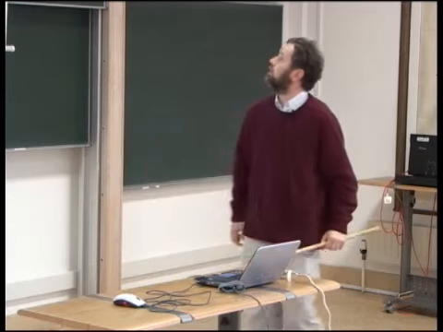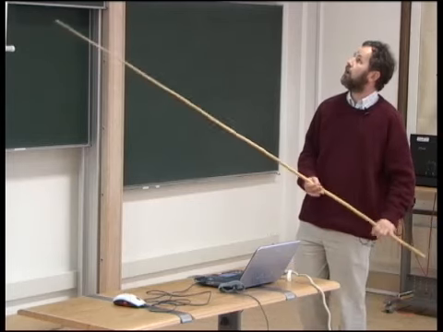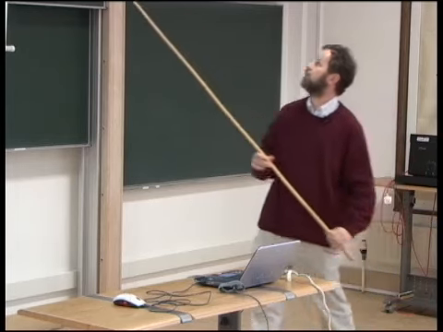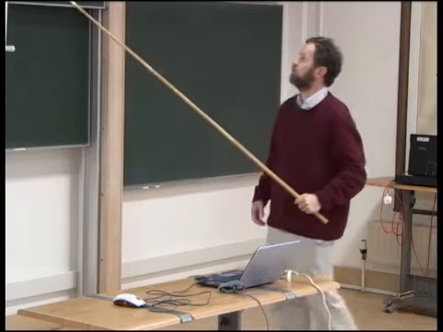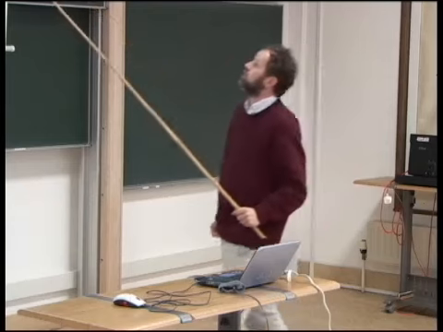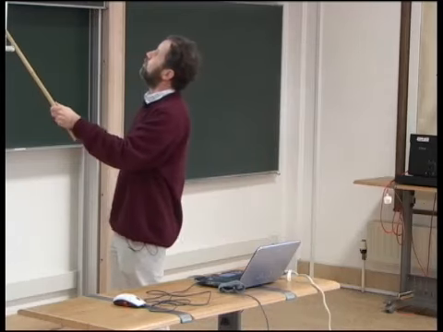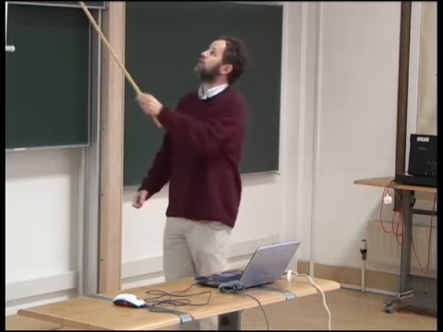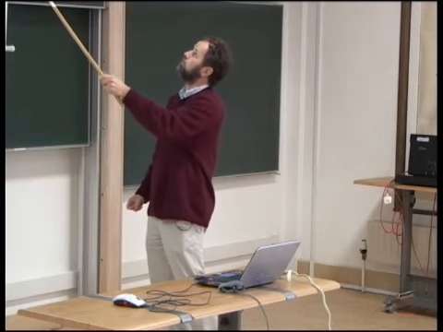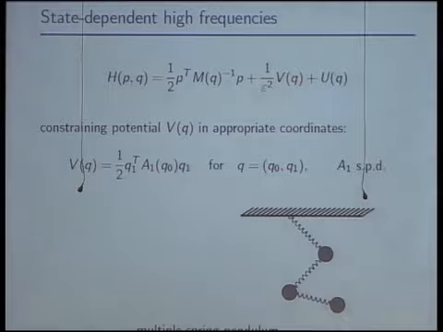So finally, let's come to the case where the frequencies depend on the solution itself, depend on the state, on the positions. So this would be a situation where I have a Hamiltonian with a constraining potential, V of q, with a large factor of 1 over epsilon squared in front of it, where this V of q has the property that it takes its minimum, say 0, along a manifold, and transversal to this manifold grows quadratically.